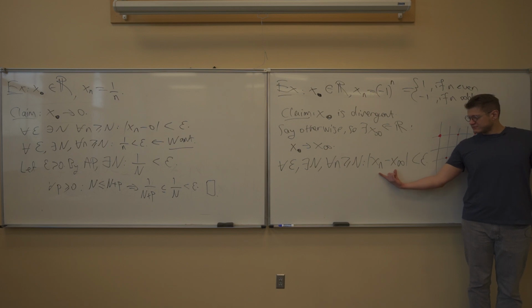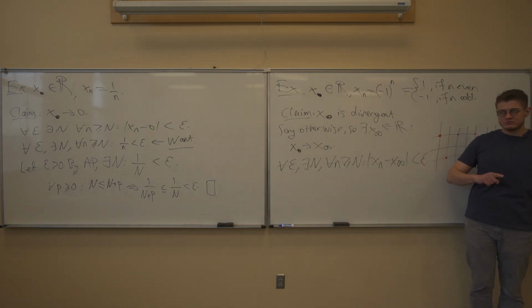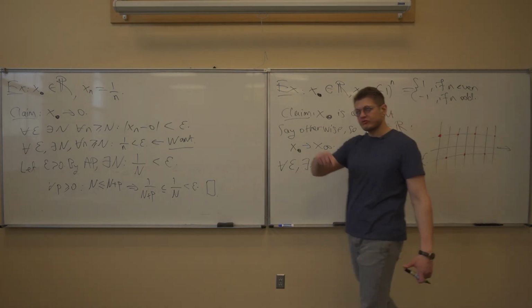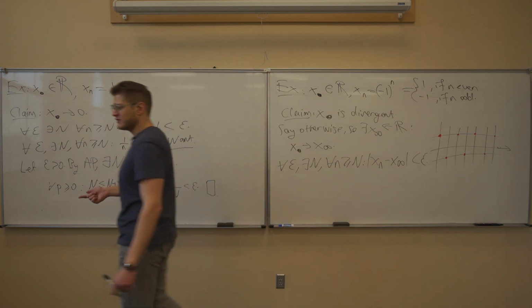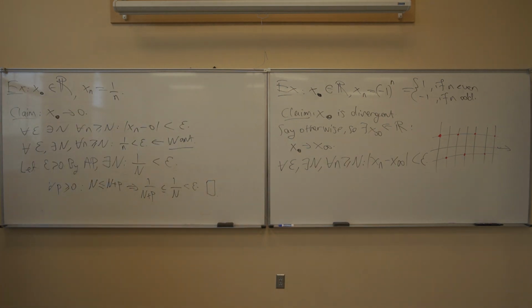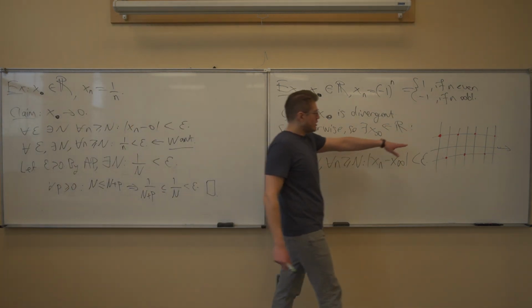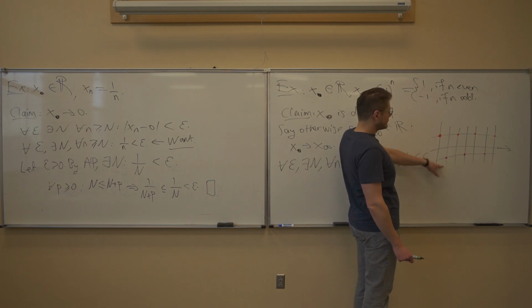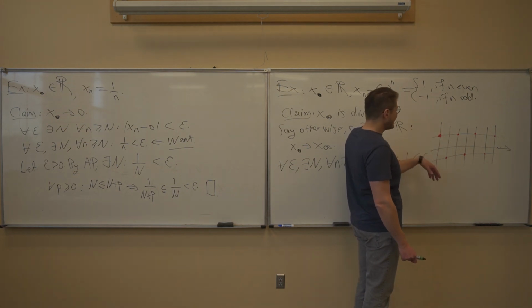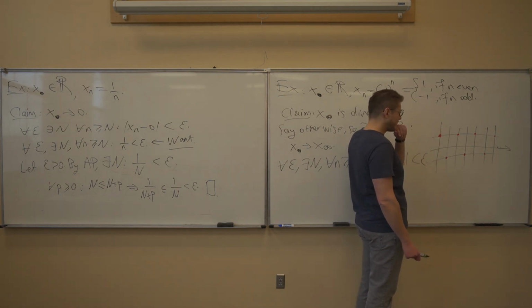We can read the statement as, this nth term is epsilon close to x infinity. But you can read it the other way around too. This is a silly thing to do, but the limit also approximates the sequence in a sense. You can say that x infinity is epsilon close to xn. Well, I want to use something like this. I know that the terms of xn alternate between +1 and -1. So let's say epsilon is sufficiently small. Let's say 1/4.